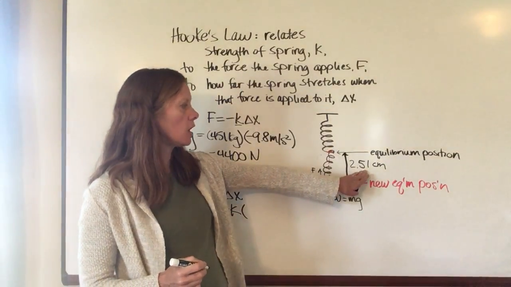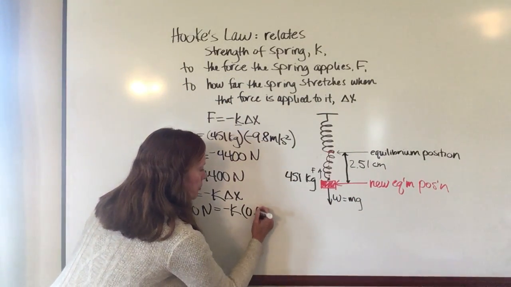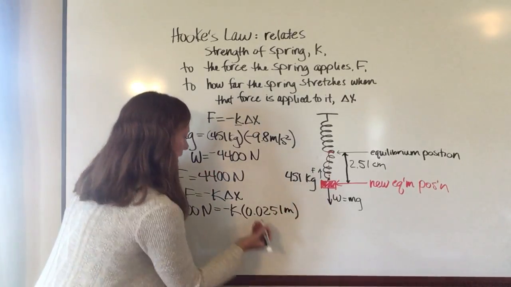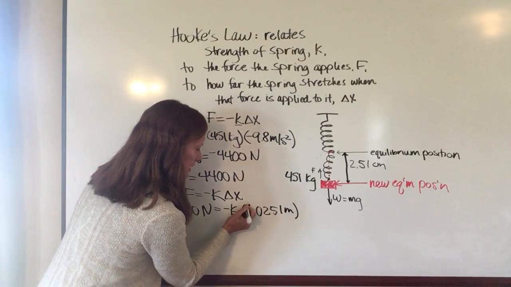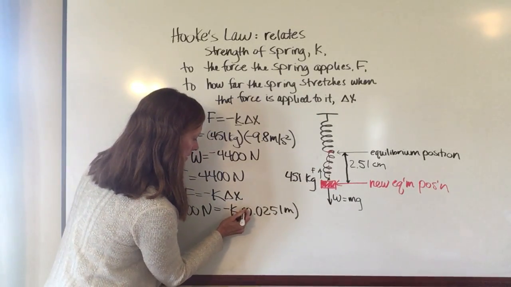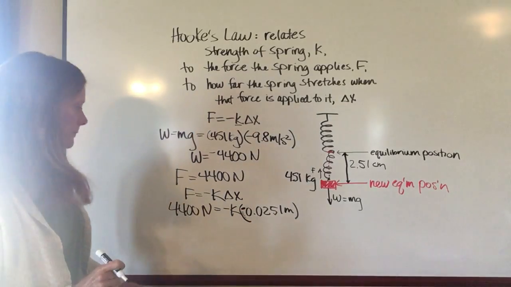So I'm going to change 2.51 centimeters to meters, which is going to be 0.0251 meters. And this also is going to be negative as well, because this is going to be in a downward position, okay?